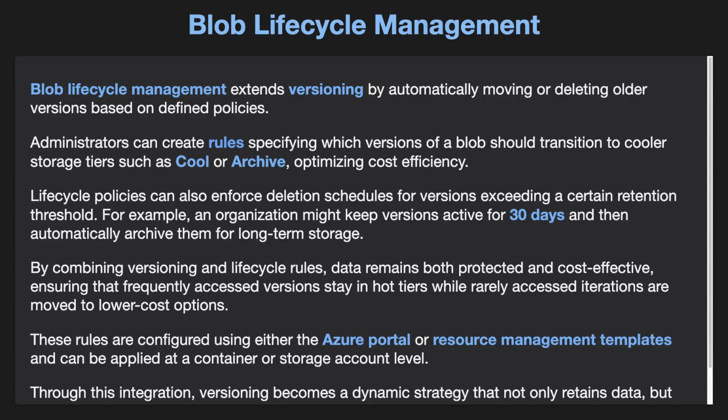For example, an organization might keep versions active for 30 days and then automatically archive them for long-term storage. By combining versioning and lifecycle rules, data remains both protected and cost-effective, ensuring that frequently accessed versions stay in hot tiers, while rarely accessed iterations are moved to lower-cost options.